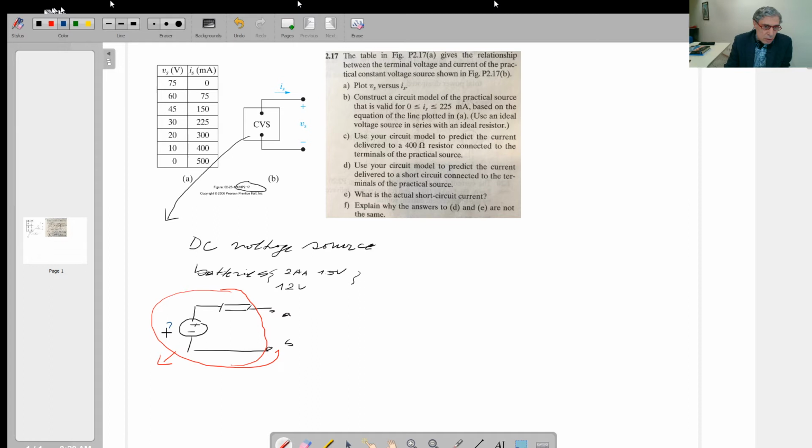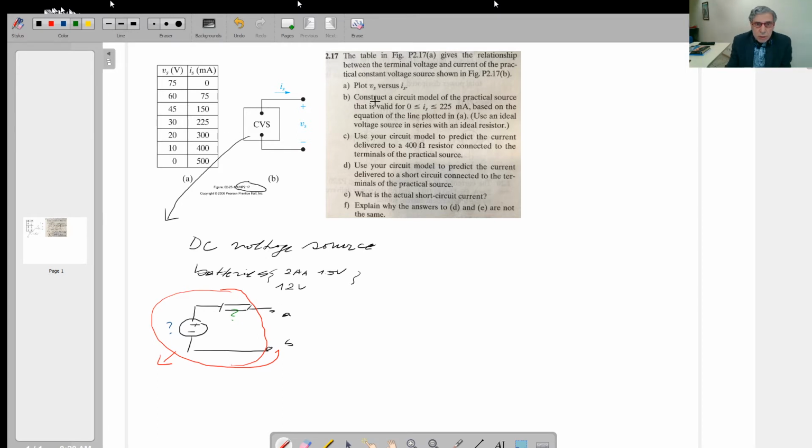What is this ideal DC voltage source voltage, what is it? Second, what is the value of this resistor? So by using this list here, they are asking for the calculation of those two.